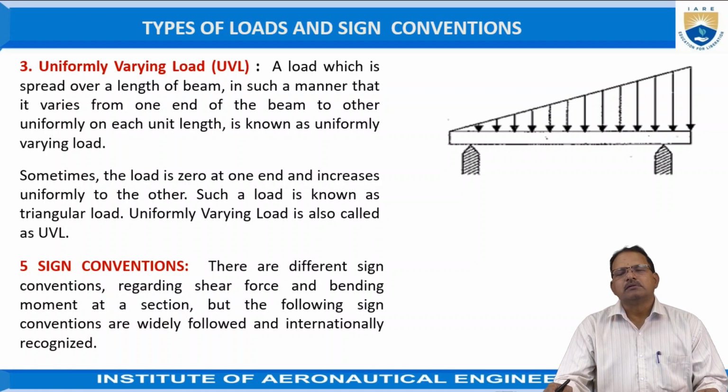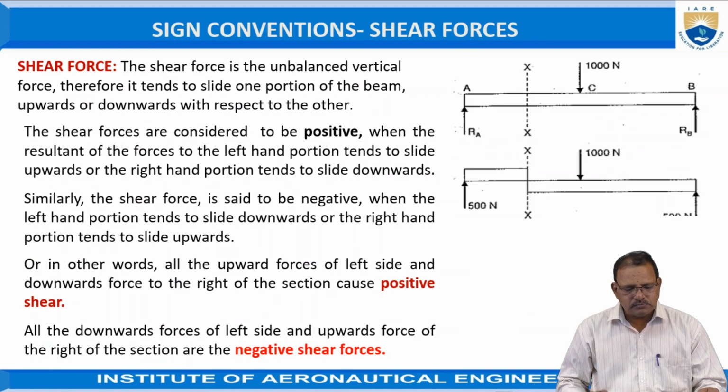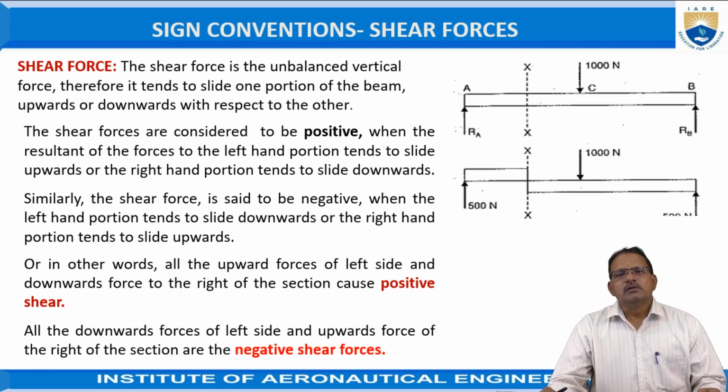Sign conventions. The sign conventions for the shear force and bending moment are most important to determine the magnitude of shear force as well as the bending moment acting at a given section. Shear force is generally the unbalanced vertical force.